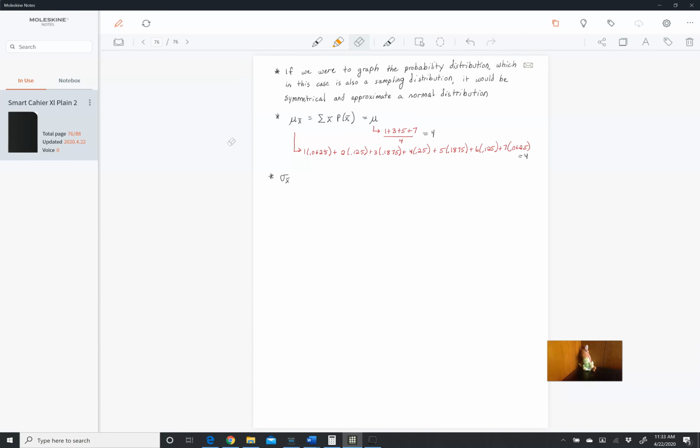And then the last thing is that the standard deviation of the sample means is the standard deviation over the square root of n, which in both of these cases, if you actually go through and do the work, it's 2.2. Okay, so in this case, we would find the standard deviation of the probability distribution.